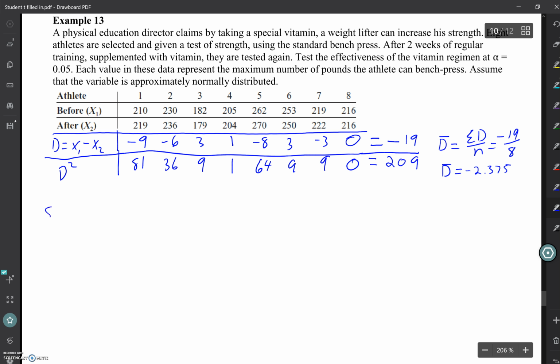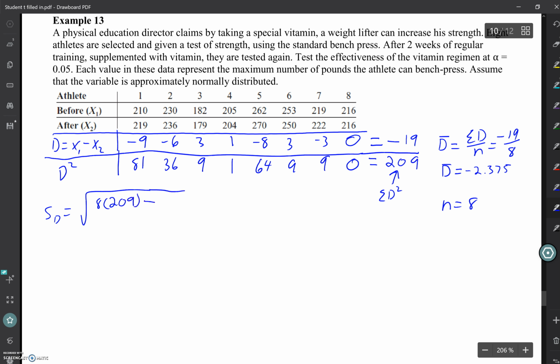So I'm going to come down here and try to fill in my formula, which says I need to do n times the sum of the d squareds. And this, 209, is the sum of those d squareds. So my n is 8. So I've got 8 times 209.